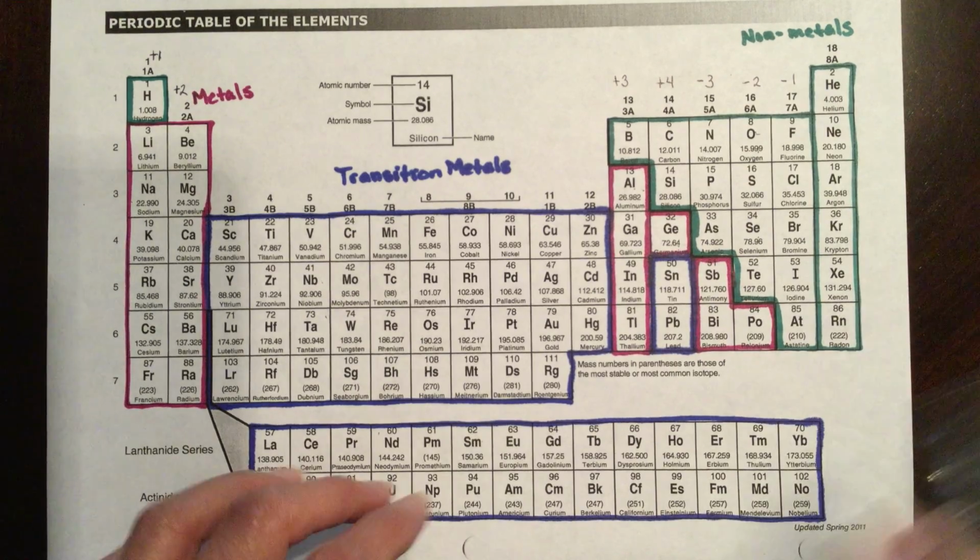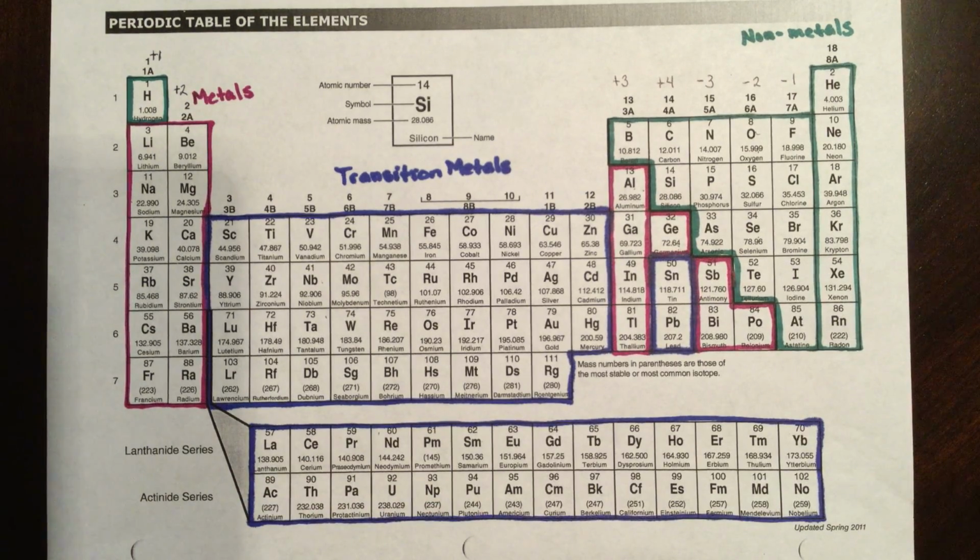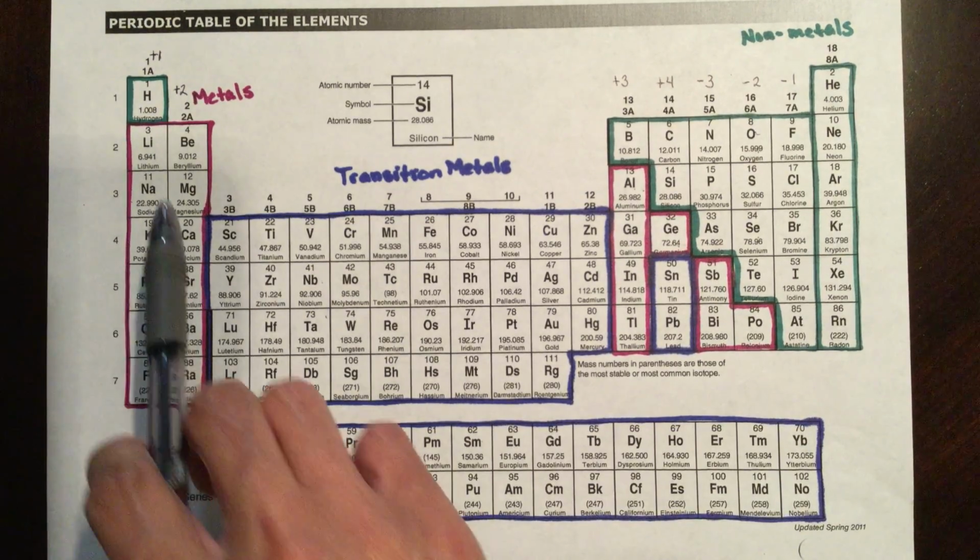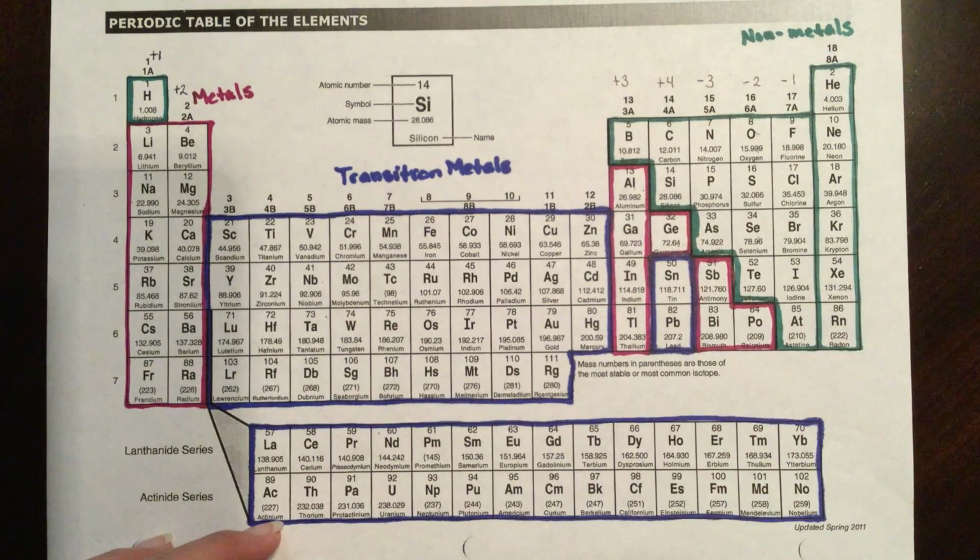Okay? Another thing you have to keep in mind is that if you have a metal and a nonmetal, that gives you your ionic compounds. Ionic compounds are the ones where you have a cation and anion. Most of your rules for forming and writing formulas come from the ionic ones.